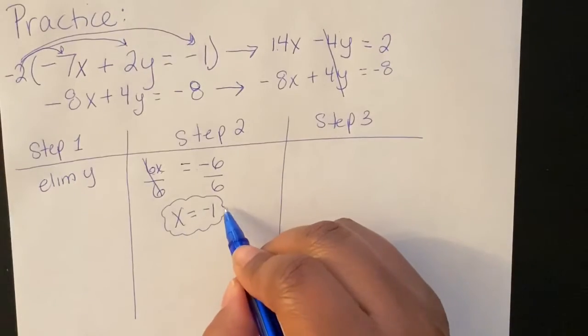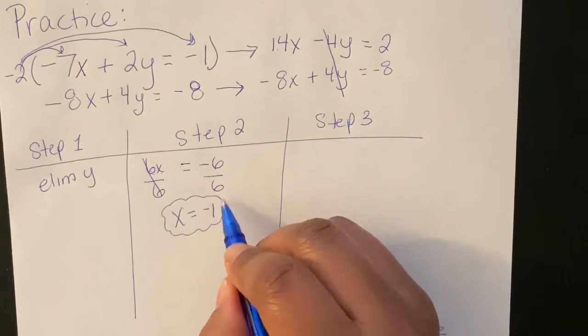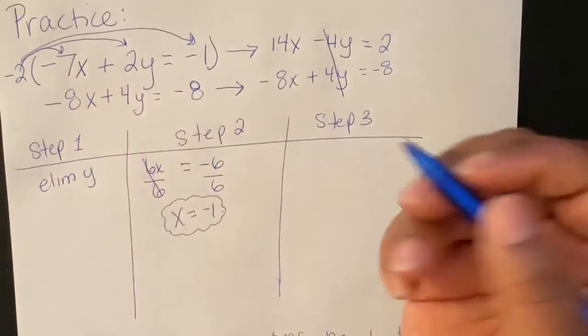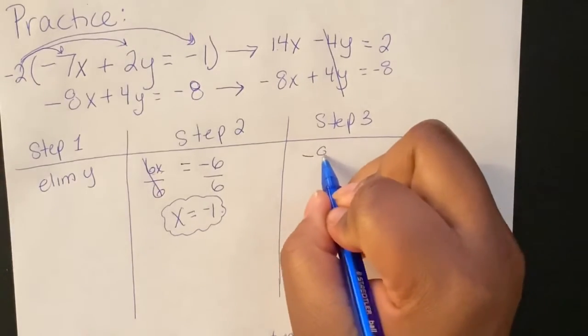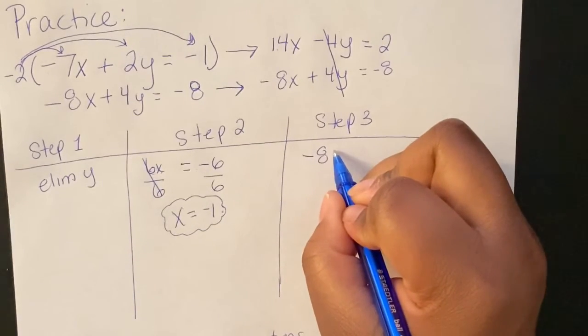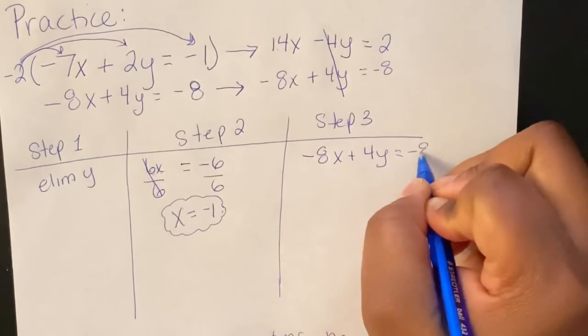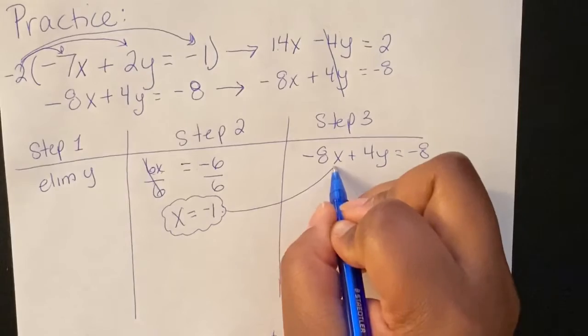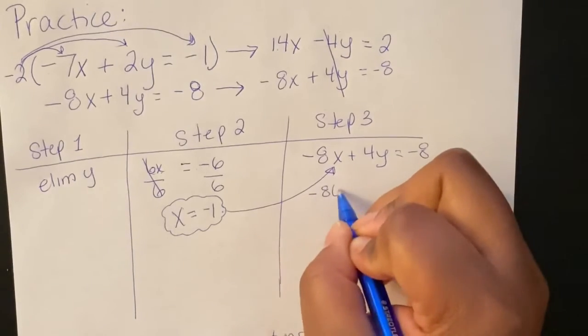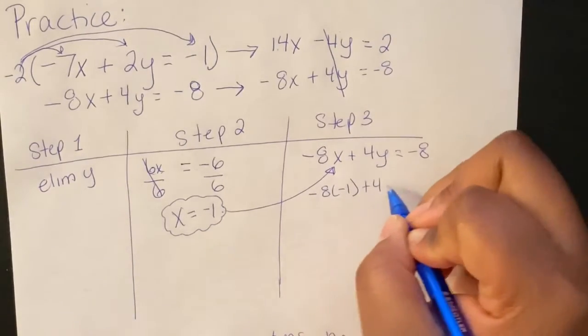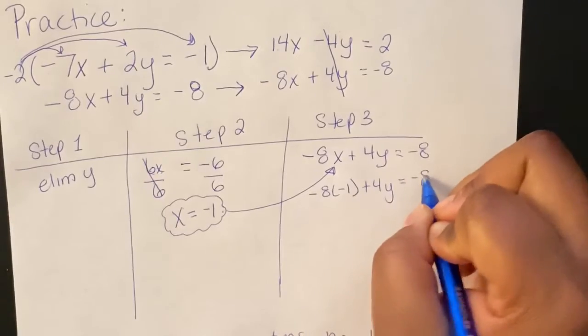Now I have to plug this x equals negative 1 into either of the equations. I'm going to plug it into the second one this time. It doesn't matter which one you choose. Plugging that in, I get negative 8 times negative 1 plus 4y equals negative 8.